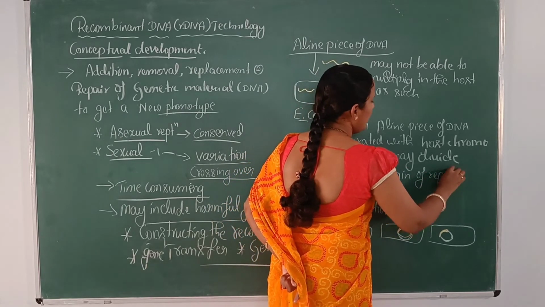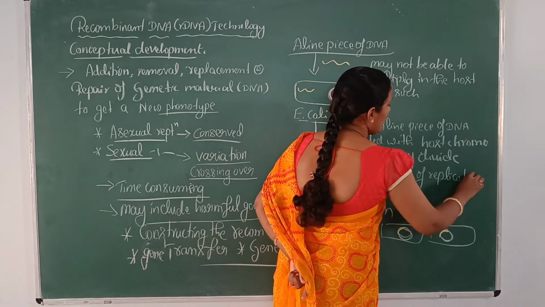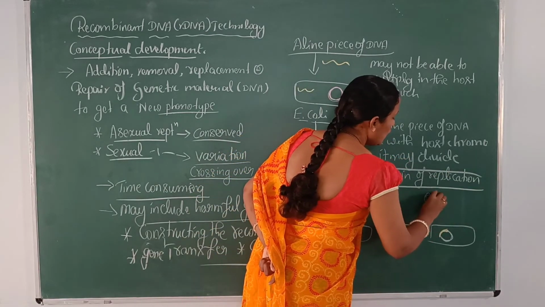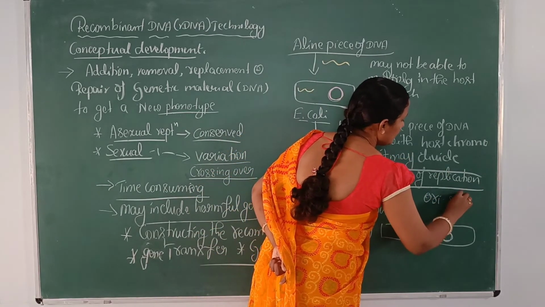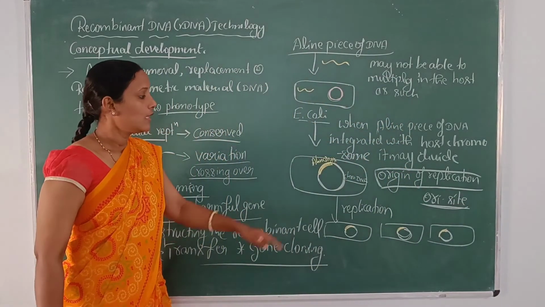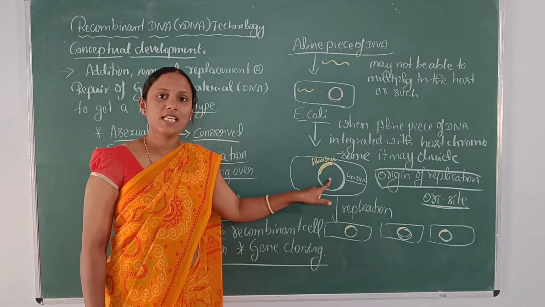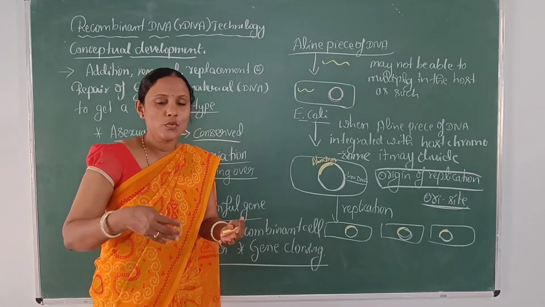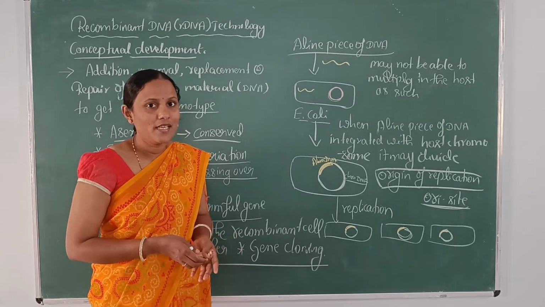It is generally called the ori site. The chromosome will have the ori site, but this alien piece of DNA does not have an ori site. That's why it is not undergoing replication.